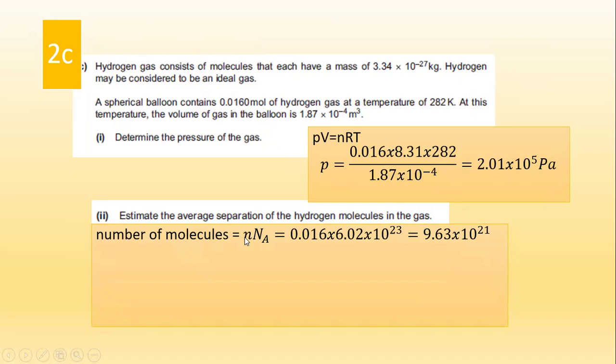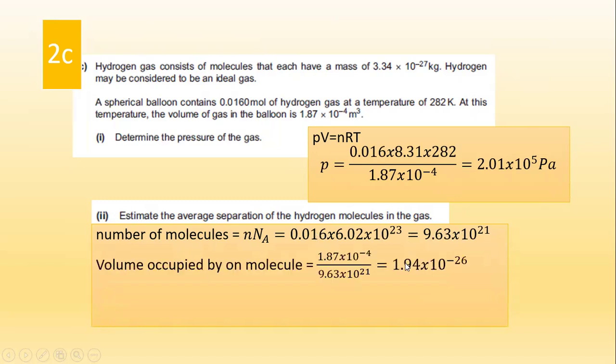Number of molecules is n times Na. Na is Avogadro's number, right? Number of moles times Avogadro's number gives the number of molecules. Volume occupied by one molecule is the volume of the balloon divided by the number of molecules. Then you assume it's a cube, cube root it.